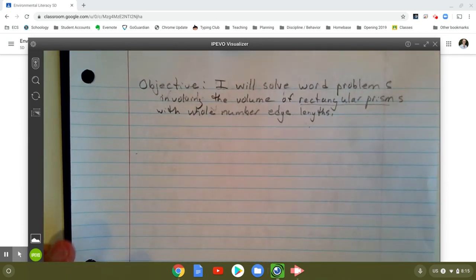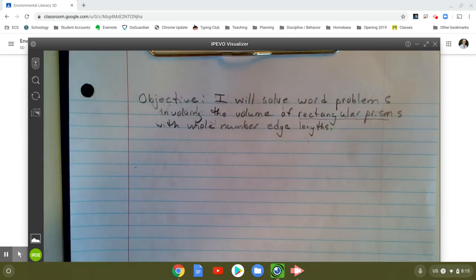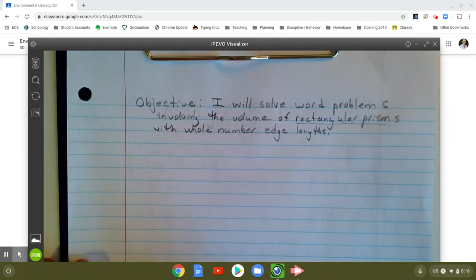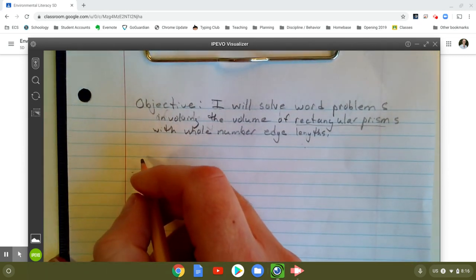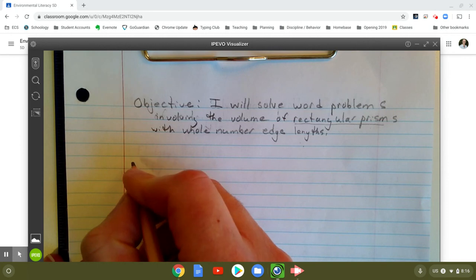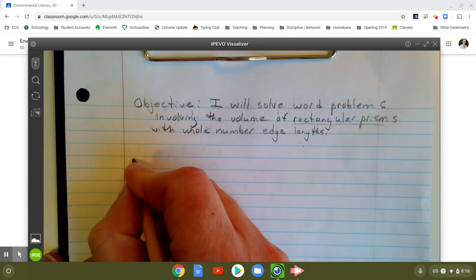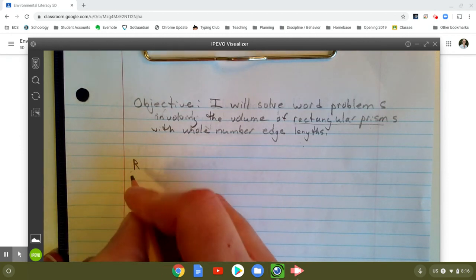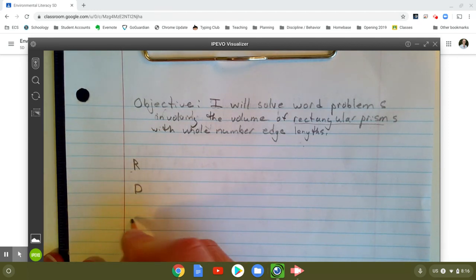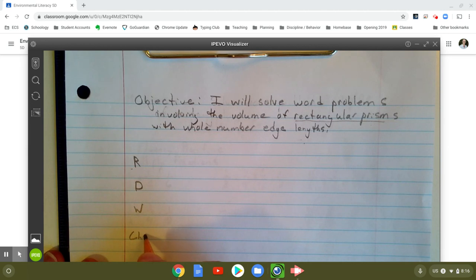So just a couple reminders about when we do these word problems. We've been doing it since the beginning of the year, and probably before that. We read the question. We might read it a couple times, and then we draw, and then we write, and then the added piece is check for reasonableness.